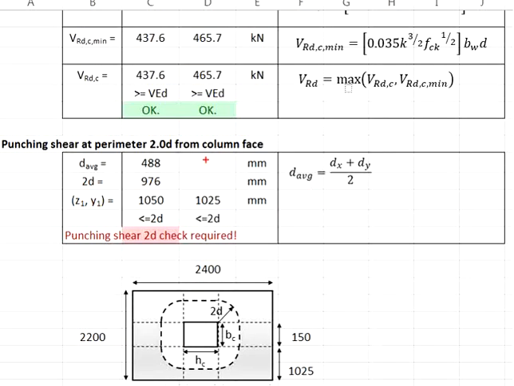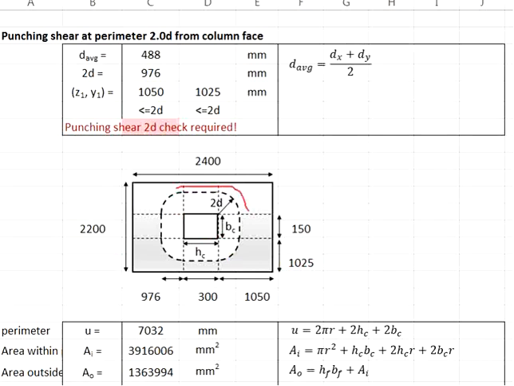Also, by increasing the effective depth, you're actually increasing the distance of the 2d perimeter from the column face. Having the 2d perimeter further away from the column face, you will have a smaller area outside the perimeter.